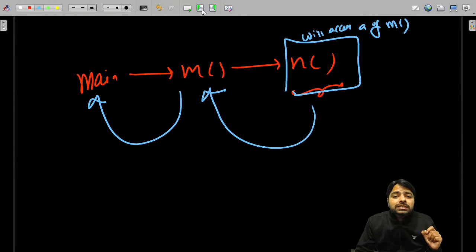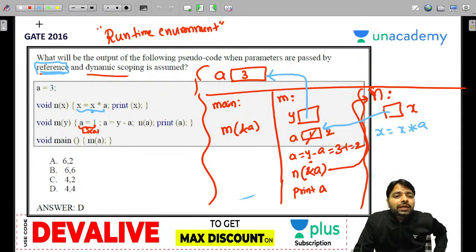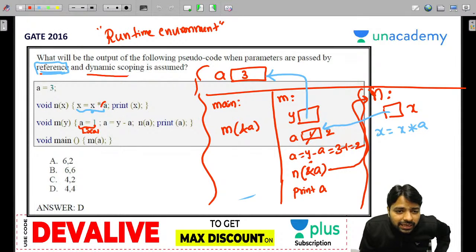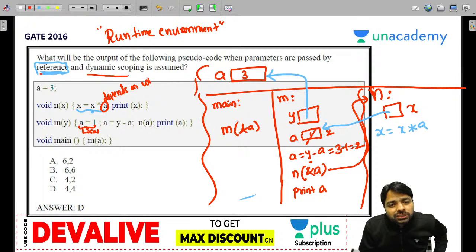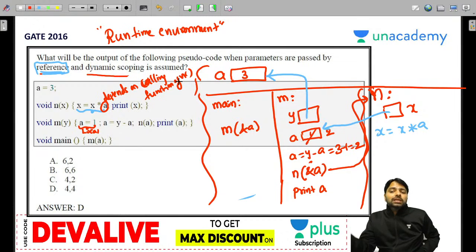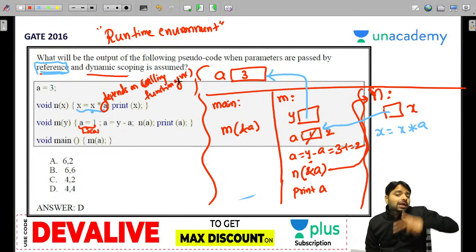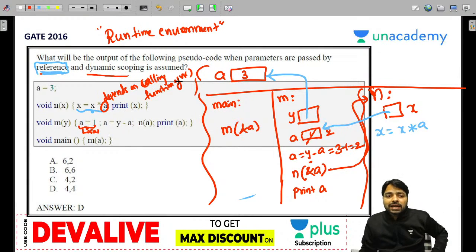In static scoping, that a means global, but this a depends on who called this function. Who called this n? m called this n, so we take m's a. If it is not in m, not in main, then global. This is the strategy, guys.